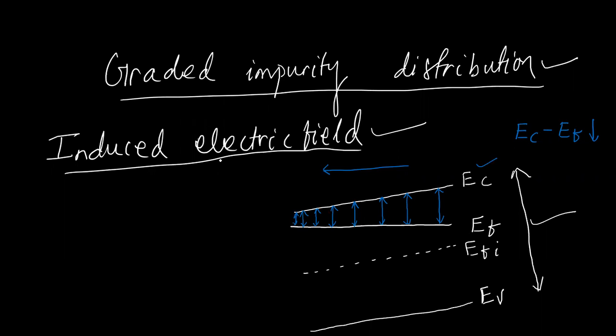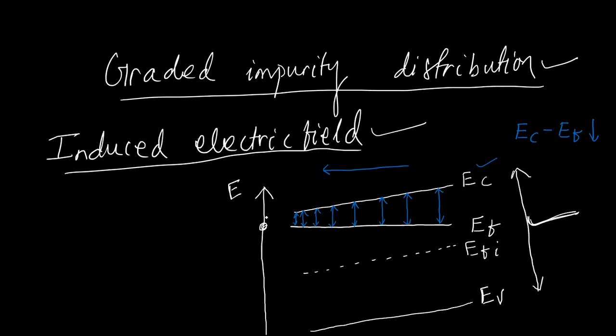But we said that the Fermi energy level is constant throughout. So considering the Fermi energy level to be the reference, it is having a constant value. This indicates the energy axis here. You can see that the Fermi energy level is at a constant value over here.